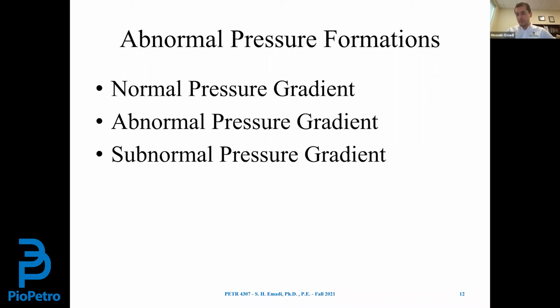Now for an abnormal pressure gradient, let's say you're entering a formation with a pressure gradient equal to, let's say, 0.55. So instead of entering with a bottom pressure equal to 465 psi, now you're entering a formation with 0.55 psi per foot. Multiply that by the TVD, let's say 1,000.